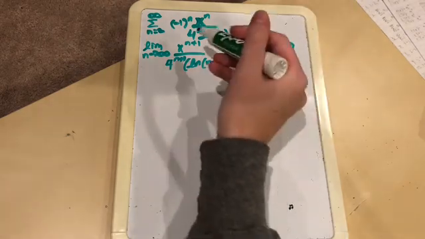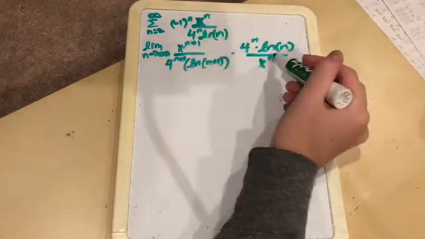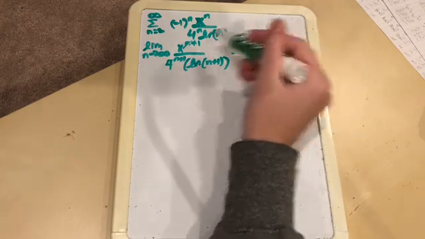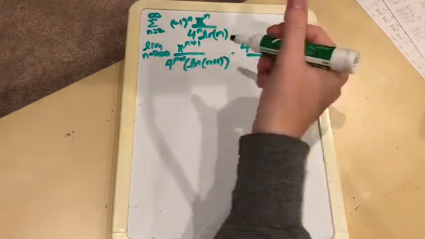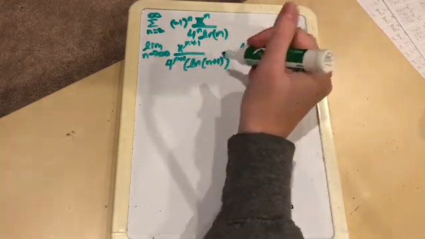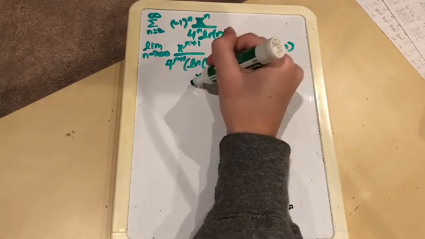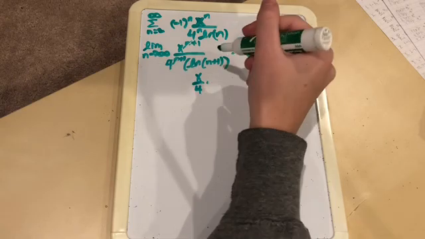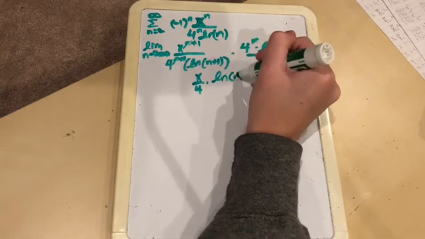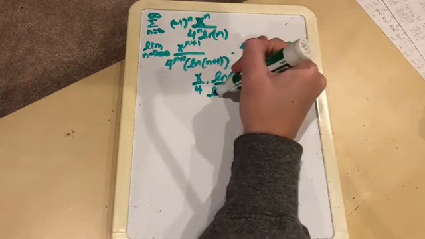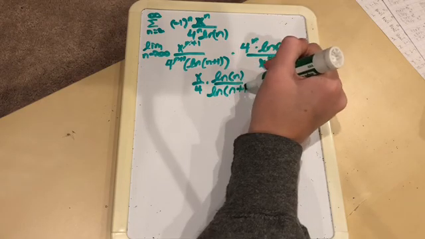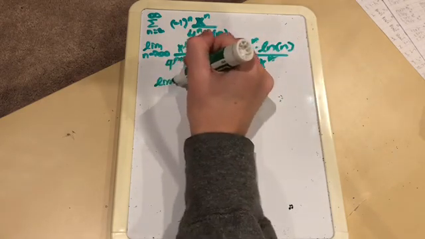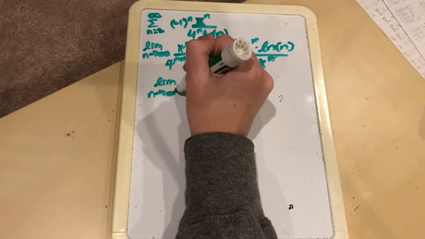So if we simplify this down a little bit, the x to the n's cancel, the 4 to the n's cancel, and you're left with an x over 4 times the ln of n over the ln of n plus 1, limit as n approaches infinity.